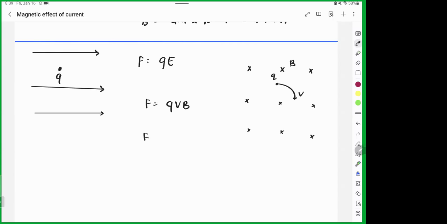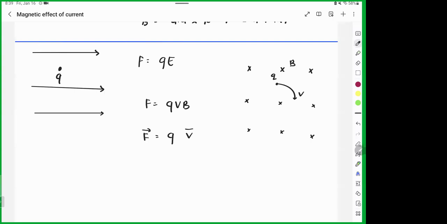The vector form is used when you have vector quantities. Is charge scalar or vector? Scalar. That's why you don't use any vector form for it.